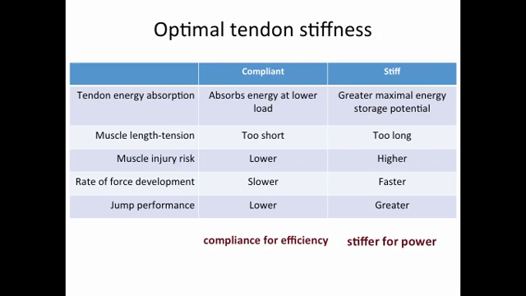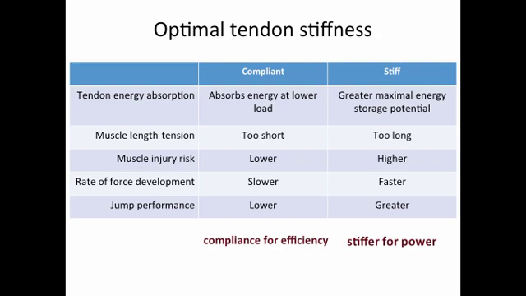So if we look at just some generalities though, a compliant tendon will absorb load better, so it may be more efficient. But a stiff tendon will have a greater maximal energy storing potential, but it will only be able to store energy under high load because it is stiffer.